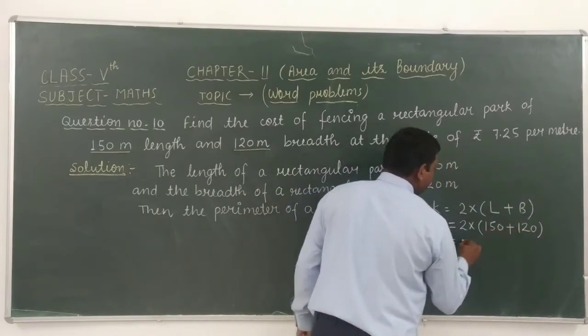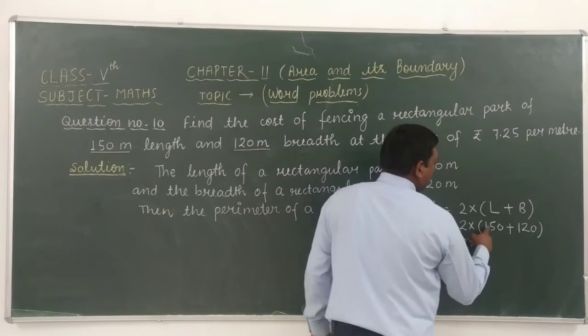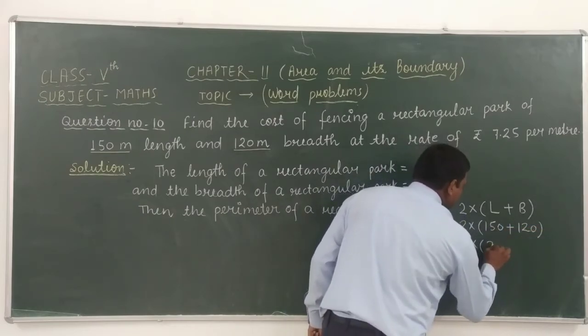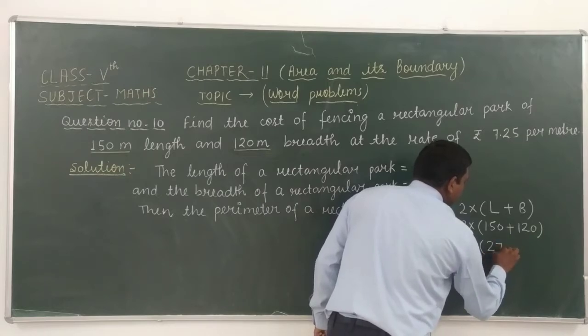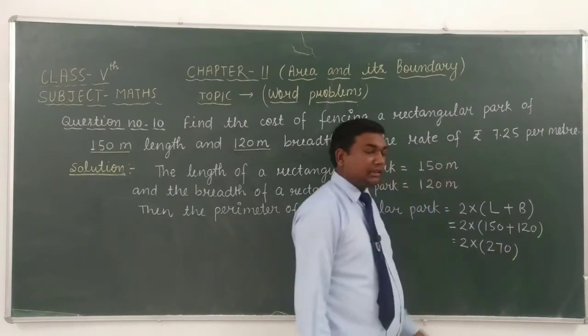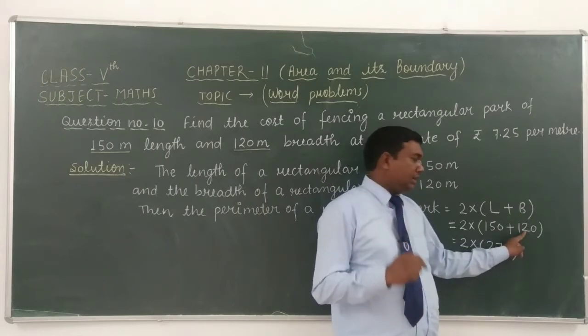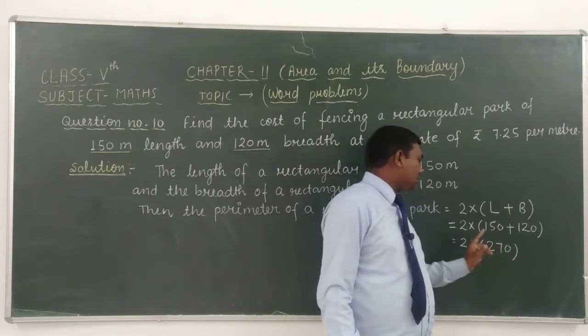After adding these, 150 plus 120 is 270. Yes, 0 plus 0 is 0, 5 plus 2 is 7, and 1 plus 1 is 2.